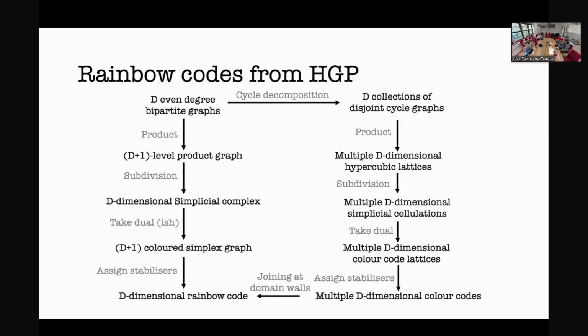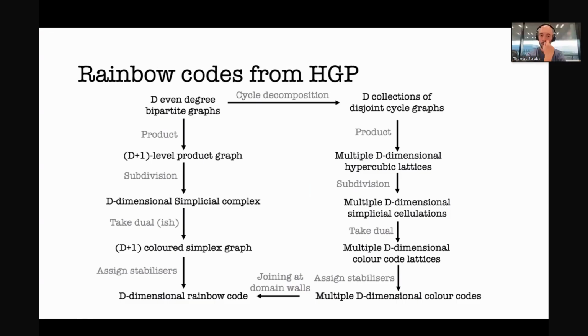I'm not saying that I understand this, but I find it plausible that these constructions of rainbow codes based on hypergraph products give rise to these color codes that are joined together at domain walls. But you're not saying that all color codes are formed this way. There's just a specific construction based on the hypergraph product, right?